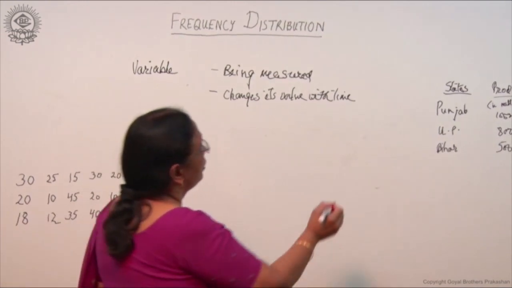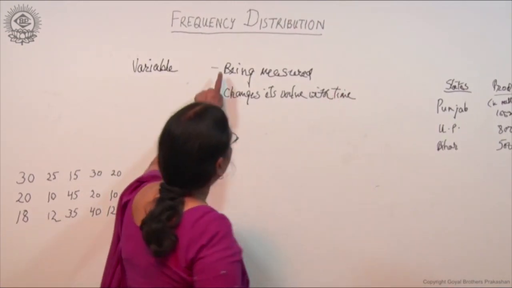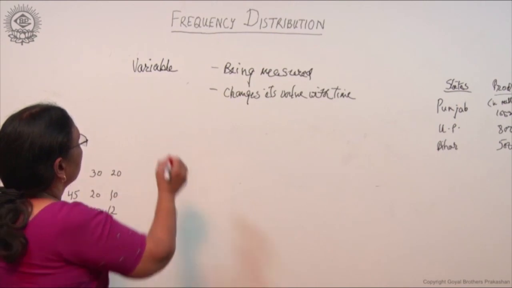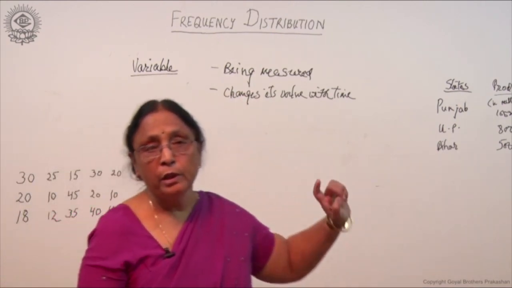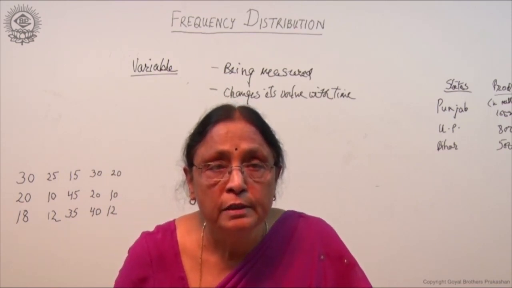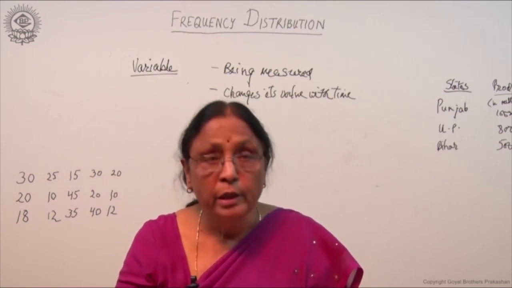So there are two main features in a variable: being measured and changing its value with time. I can give you another example, as I gave you the example of weight and height.